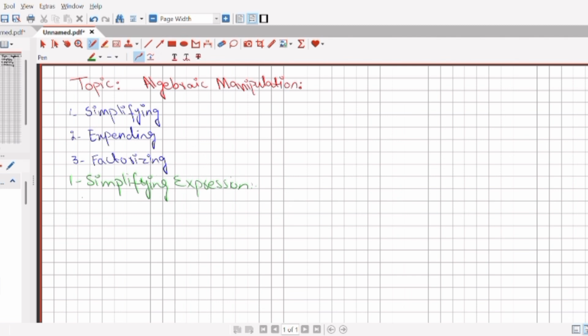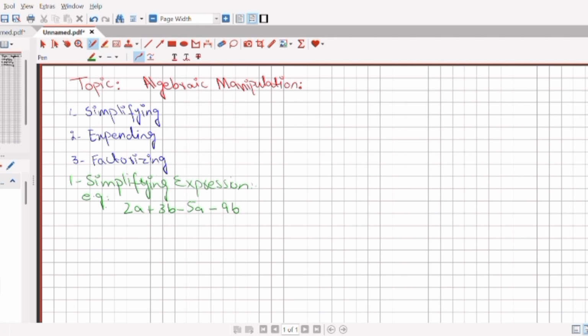For example, 2a plus 3b minus 5a minus 9b. As you can see, 2a and 5a have the same variable, and 3b and 9b have the same variable.